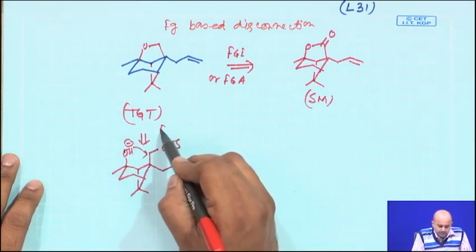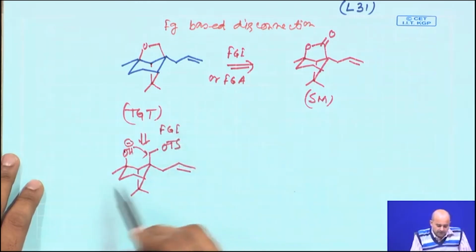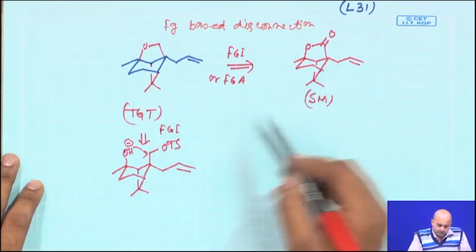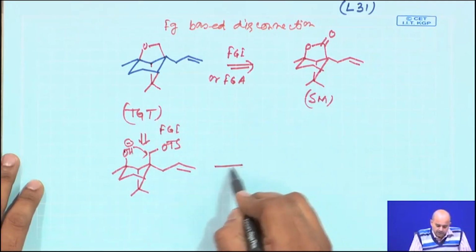So, this is basically a simple FGI. Now, try to correlate how this intermediate can be linked to this starting material.